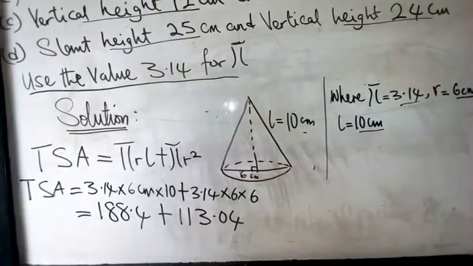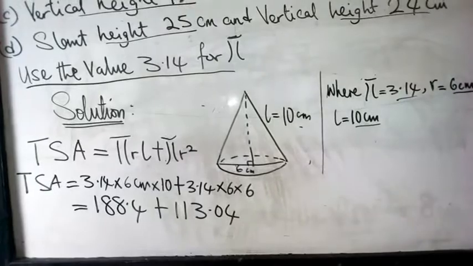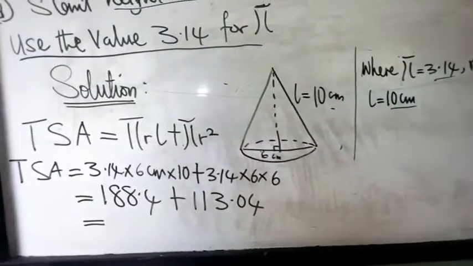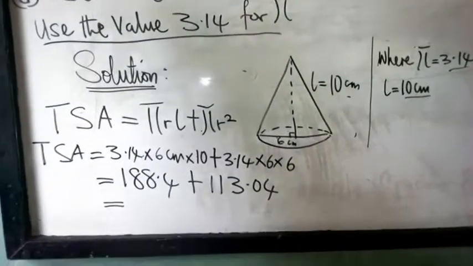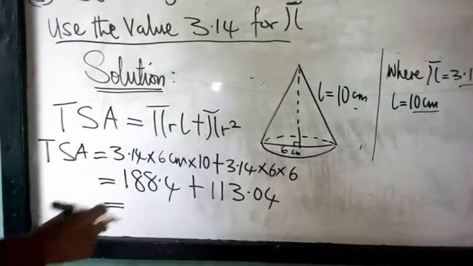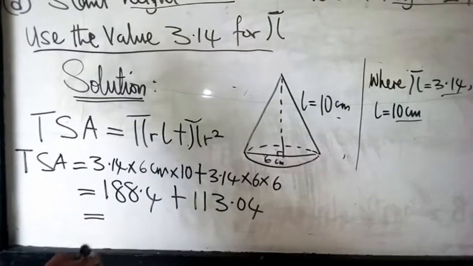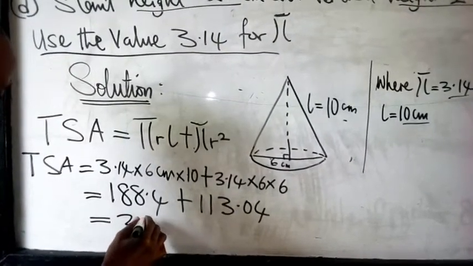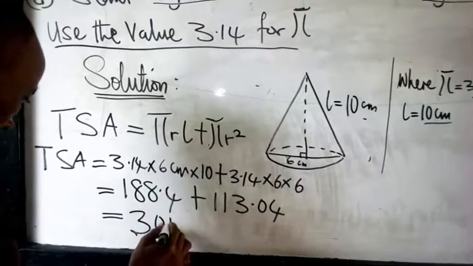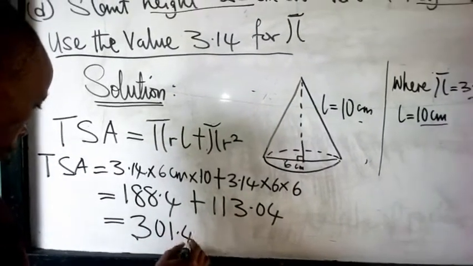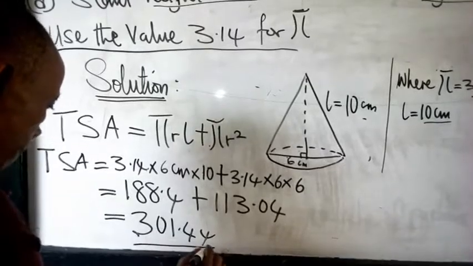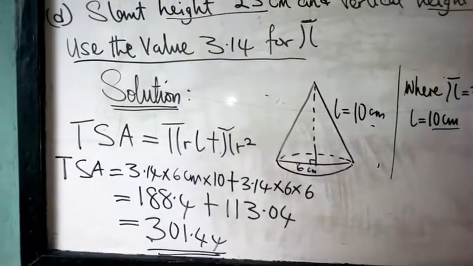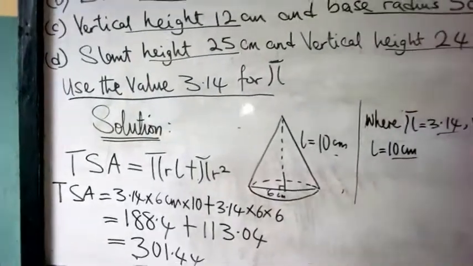That was why I said this one you need to take time and do your calculation and then check yourself. So we now say that the TSA, the total surface area in this case, when you add this to this thoroughly, you will have 301.44. You don't waste time there. That is as simple as ABC. So we move on to B.